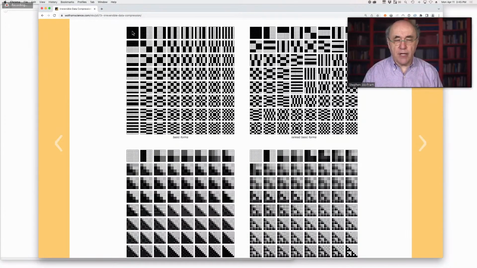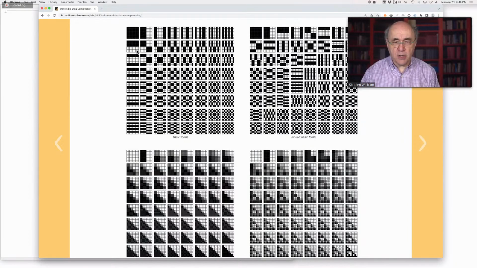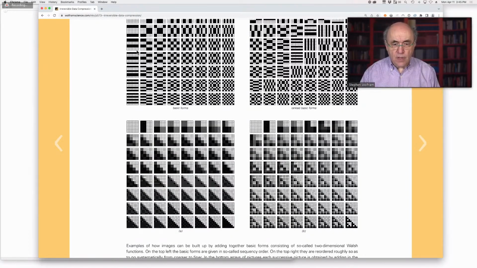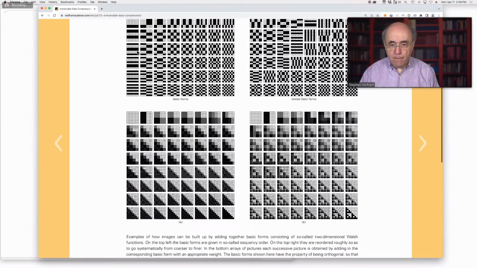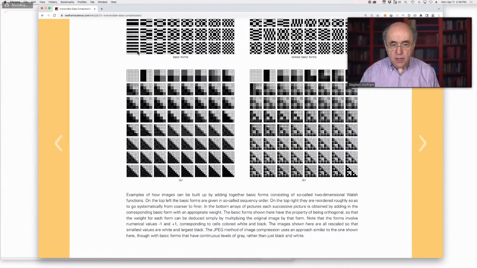We're decomposing pictures into these blocks, and these blocks have a certain orthogonality property that means that any picture can eventually be created by a composition of these blocks. But if we just use these blocks, the coarsest one first, then, let's see, how does this work?